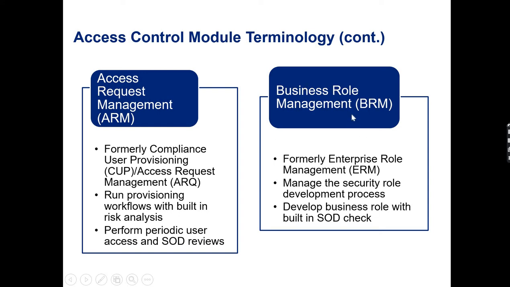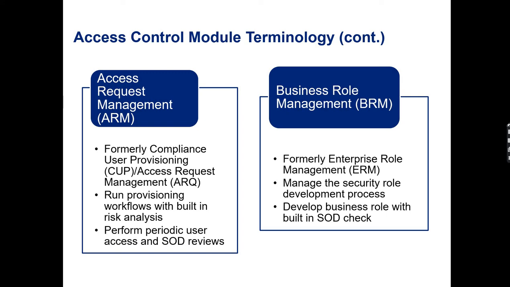In business role management, it is formally called BRM, or previously ERM, enterprise role management. In this we are creating a role, developing a new role, or modifying any existing role, and we can manage the development process of the role, how the role creation process should be followed. Here we define the methodology and naming convention of the role.